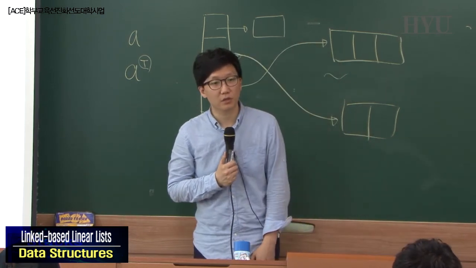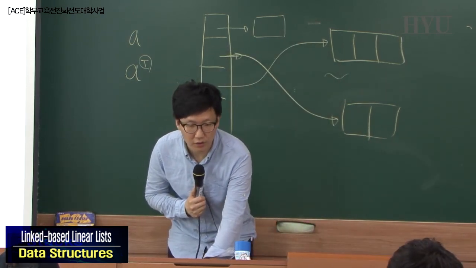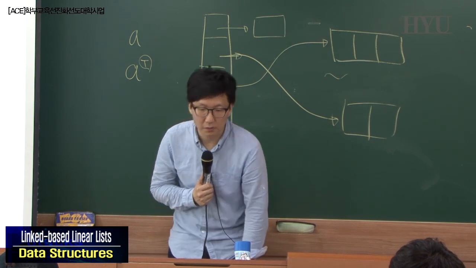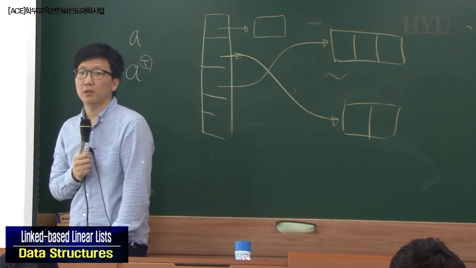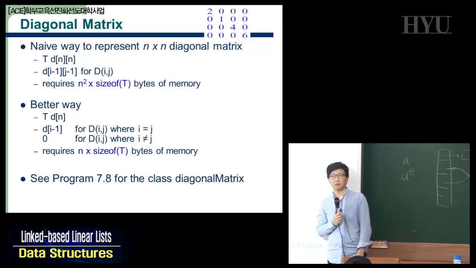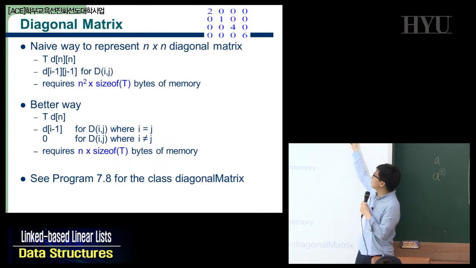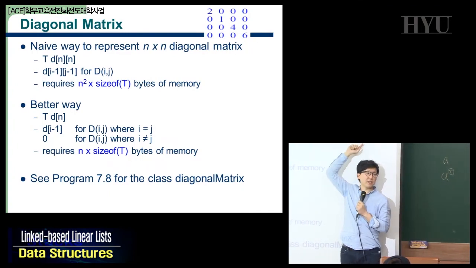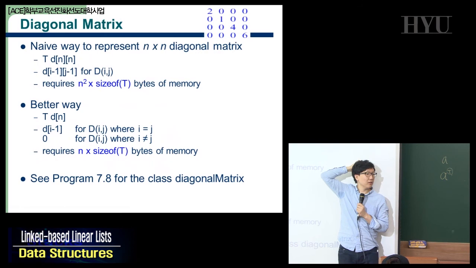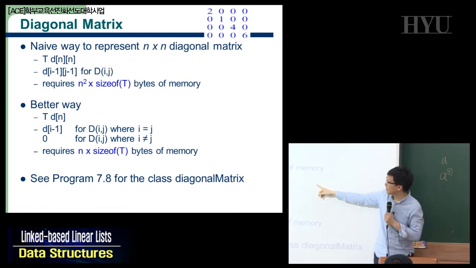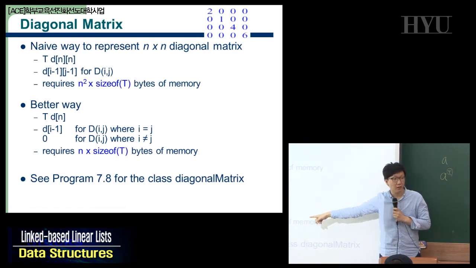How do you reduce the space for a diagonal matrix? I mean, in terms of implementing this, it's simple. I only need to have 4 spots instead of having n by n, n squared spots. That's why they say n here.